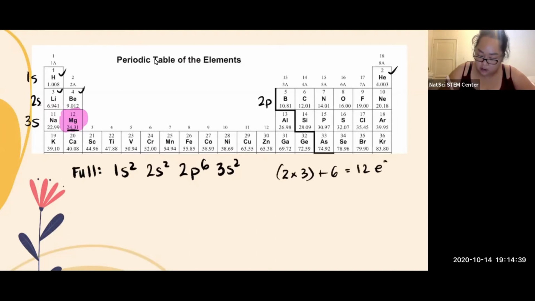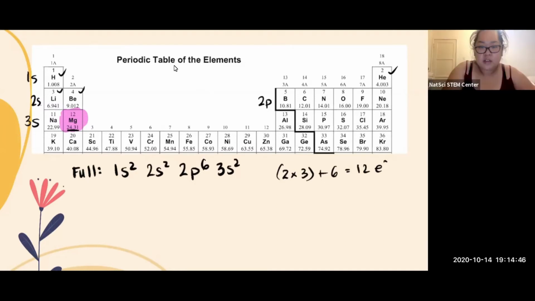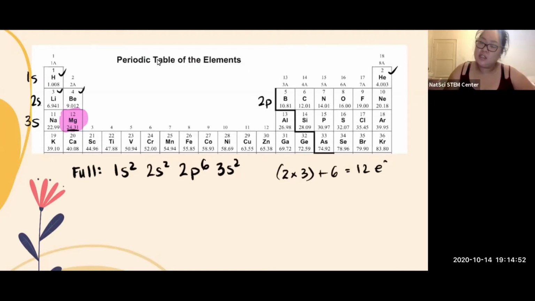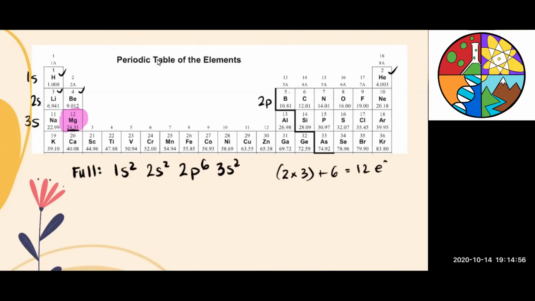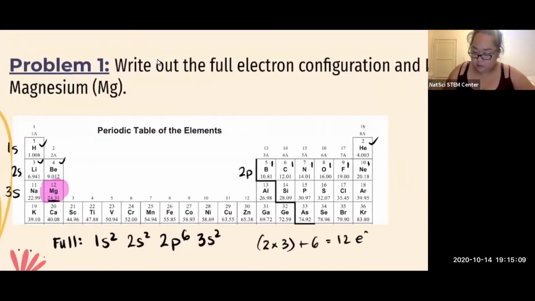Why 2s6? Did I write s? Do you mean 2p6? Yes, 2p6. That's because you take 1, 2, 3, 4, 5, 6. You're just counting 1 electron per column.